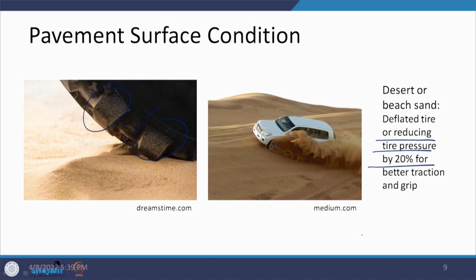Otherwise, there is a possibility that the tire will sink inside that loose sand and you will not be able to move your vehicle ahead. So, you have to deflate the tires. But one thing to keep in mind is that as soon as you are out of this system, you need to restore the tire pressure, otherwise it is going to be a problem for the vehicle when you are driving under normal conditions.